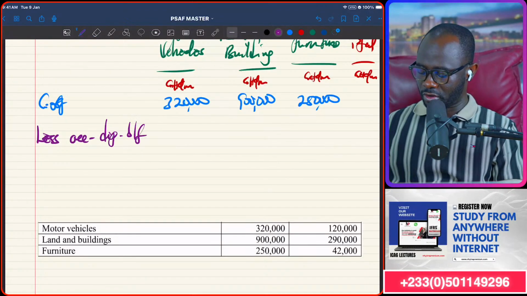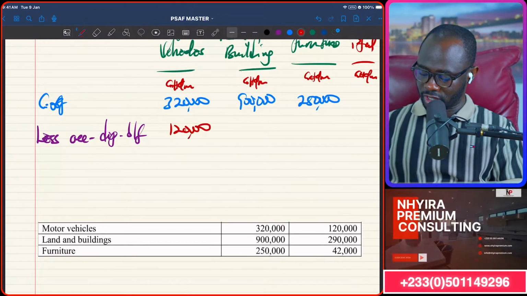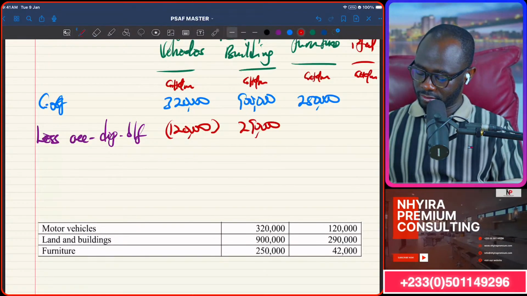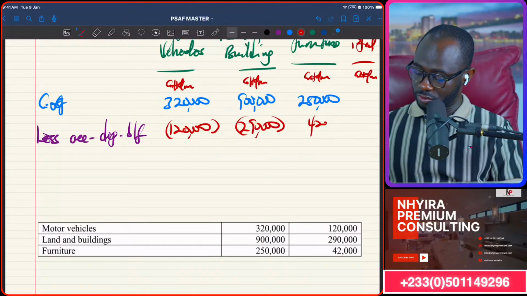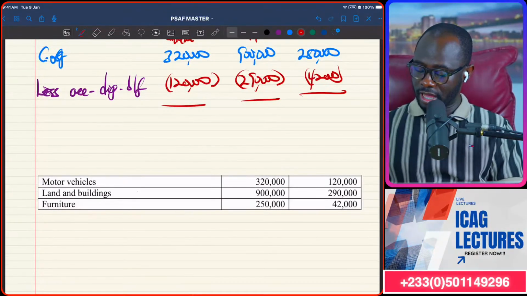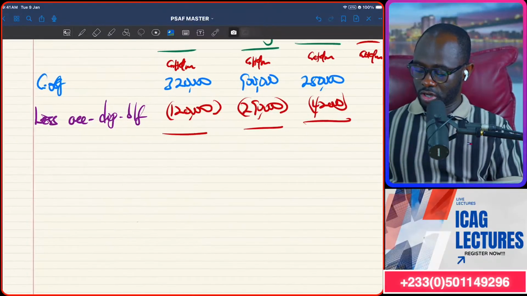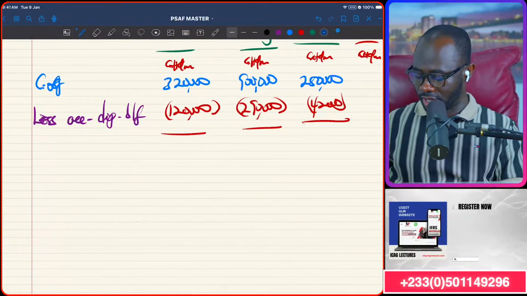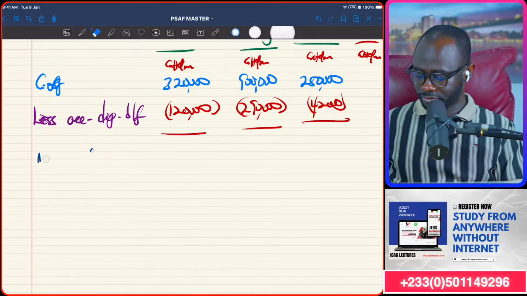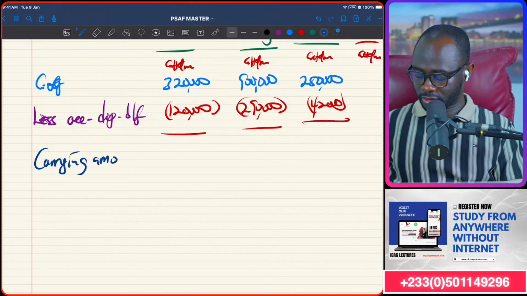Accumulated depreciation brought forward, which will be the ones on the credit side. 120,000 here, 290,000 there, and then 42,000, so that we can get a carry down, or net book value at the beginning of the year, or balance brought forward. Let me write the right one: carrying amount brought forward.